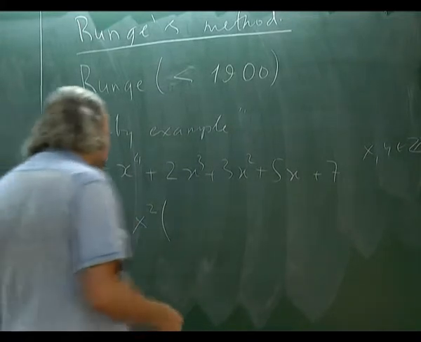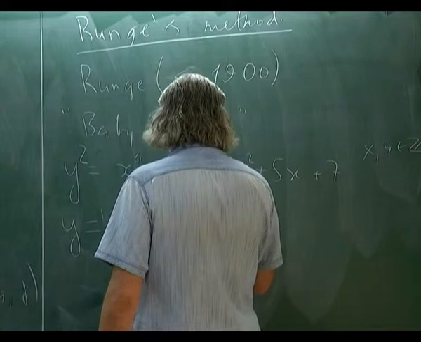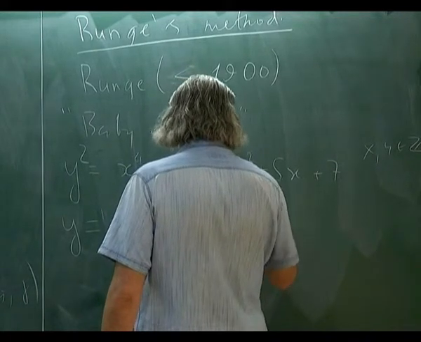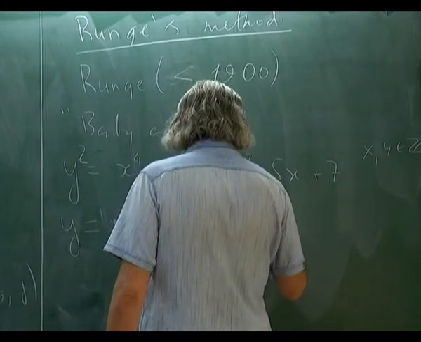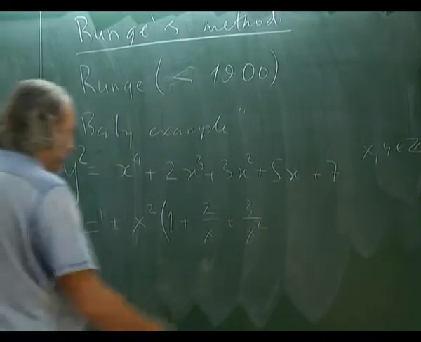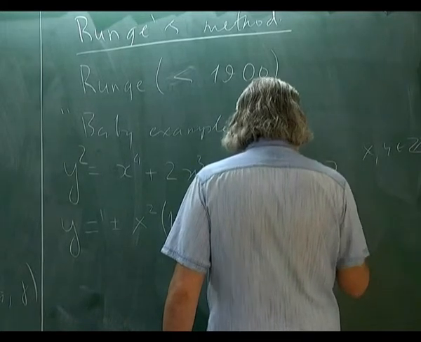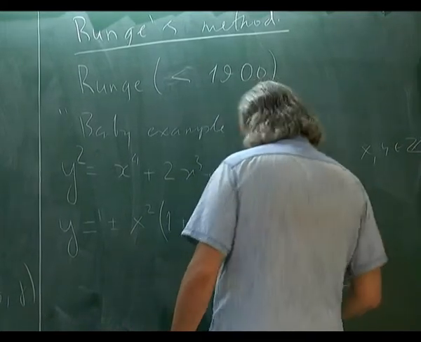So plus or minus x squared times the square root of 1 plus 2 over x plus 3 over x squared plus some negligible term, to the power 1/2.